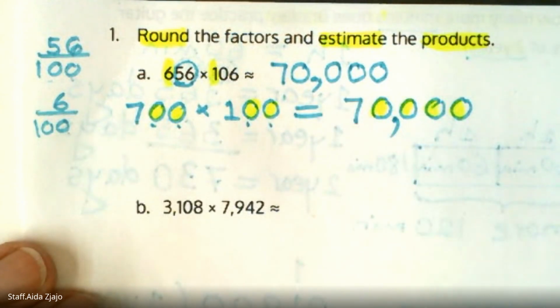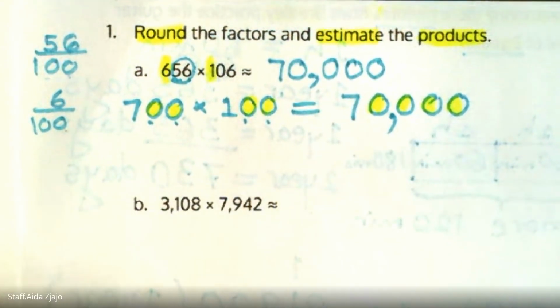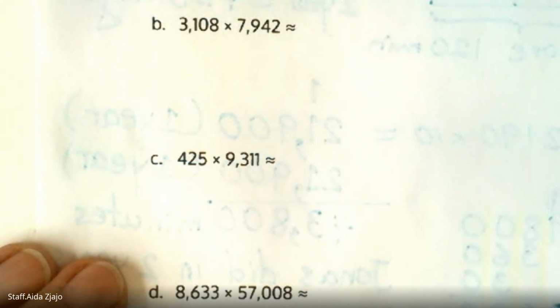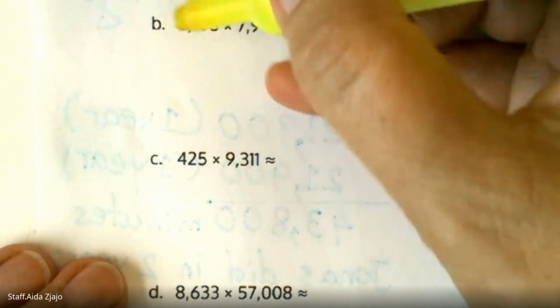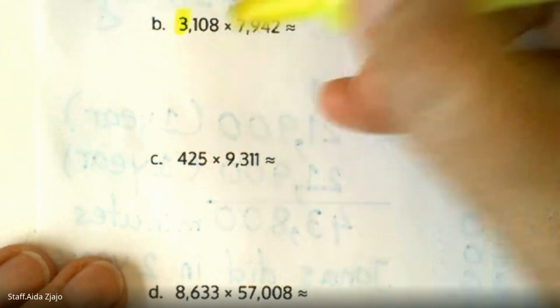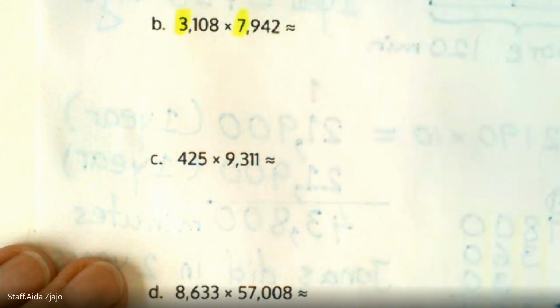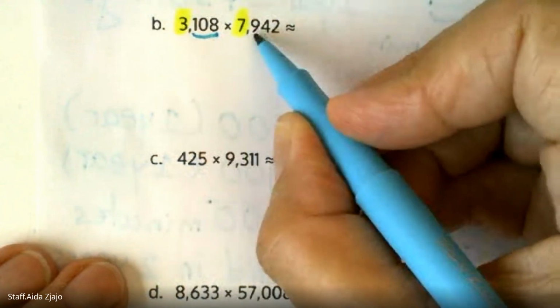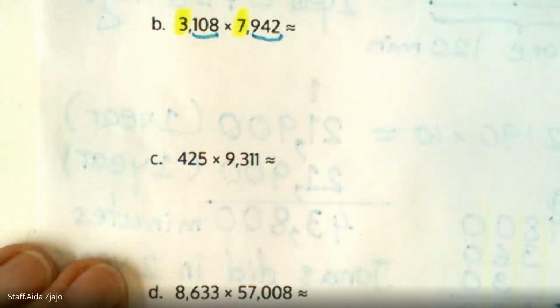All right, so let's see what happens if we have not hundreds but bigger numbers than 100. So now I'm talking about thousands. If I want to round to the nearest thousand, I need to see how much more I have, and can I create a new thousand. So it's the same thing.